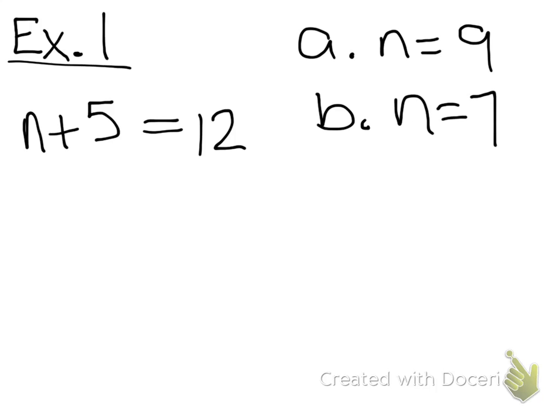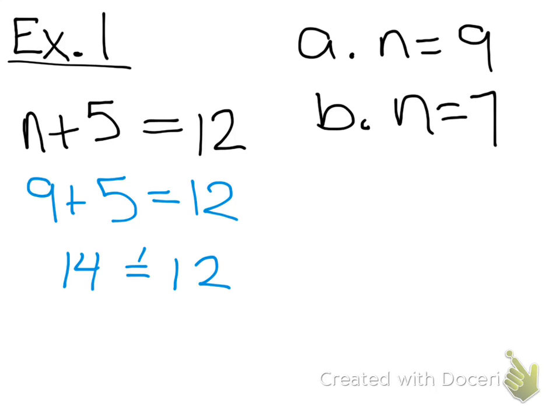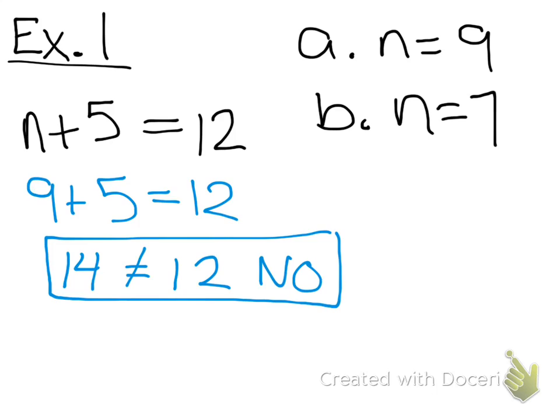So in example 1, we're checking to see whether or not these numbers are actually solutions to the equation. So first we're going to start with substituting in 9 for n, and we'll check to see if 9 is a solution for this variable. Now, is it true that 9 plus 5 is 12? No. Okay? So I would say, no, that is not a solution.